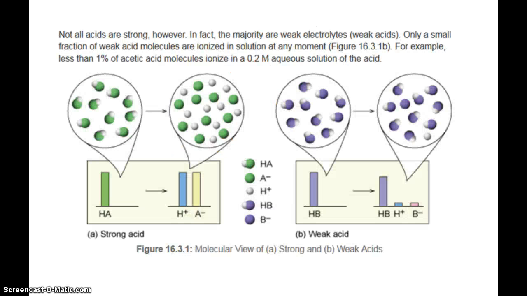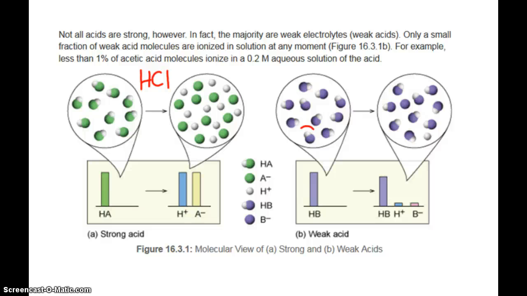But here's kind of like a little picture. So over here on the left, strong acid, it completely breaks apart. So HA, a typical symbol for strong acid or acid, it breaks apart completely. All the H's and A's are separated. So that would be like hydrochloric acid. Over here, it shows a weak acid. I don't like how they use the B symbol, but we'll live with it because it's a decent picture.